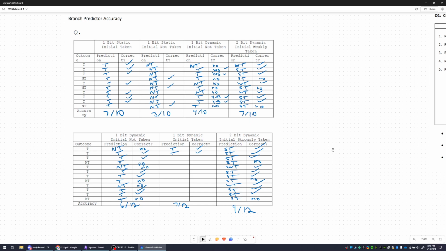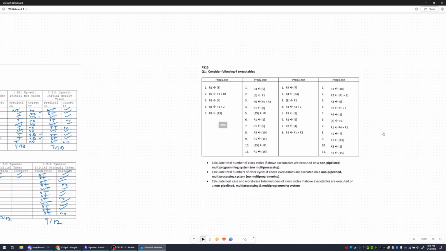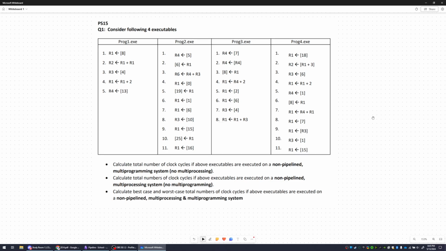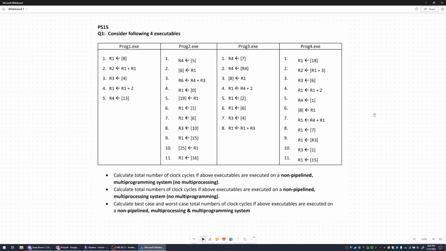Just remember for 1 bit, you always just flip it if it's wrong, and then for 2-bit, you go from strong to weak, and then you flip it to the other side if you keep on getting it wrong. What else? Next question. The chart he gives in the presentation, like his notes.